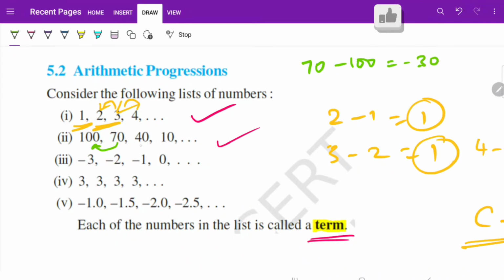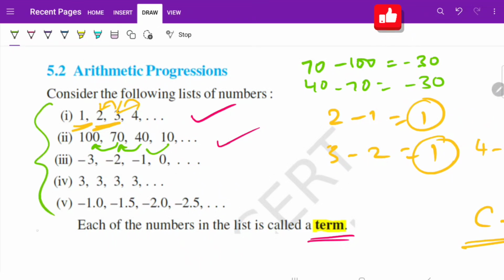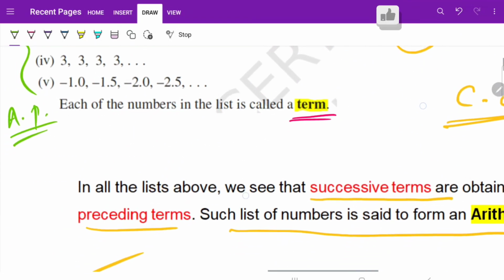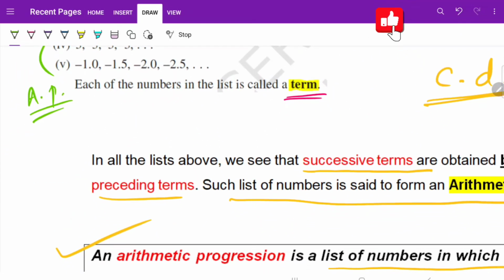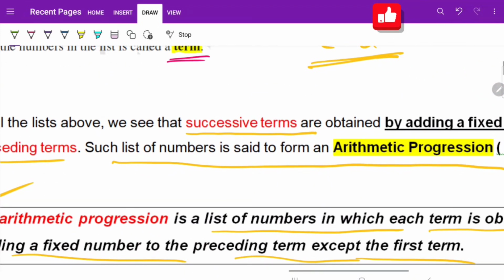The third term minus the second term, 40 minus 70, is also equal to minus 30, and so on. 10 minus 40 is also equal to minus 30. So the second list given here is also in arithmetic progression. In the same way, all the lists given here as examples are in arithmetic progression. These series are said to form an arithmetic progression.